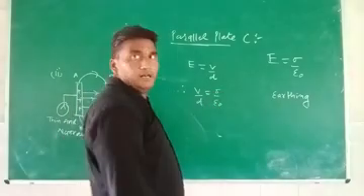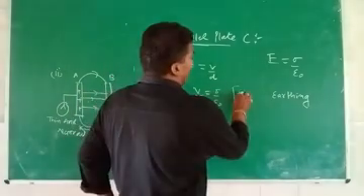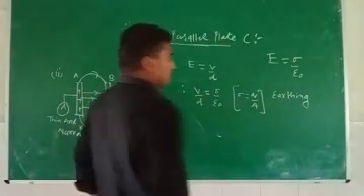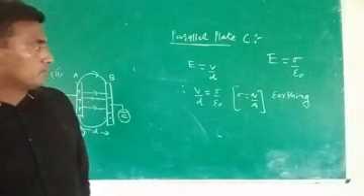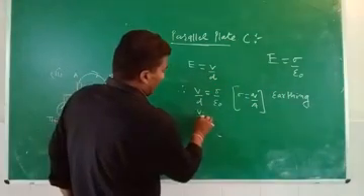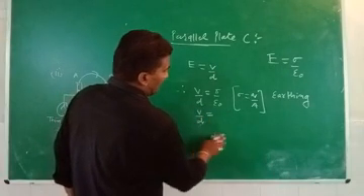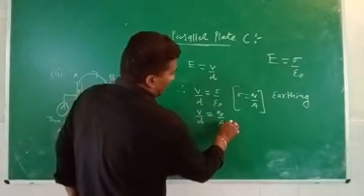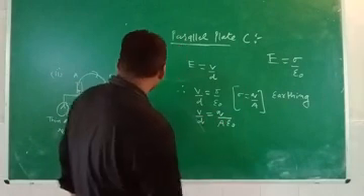We know that sigma is Q by A, the surface charge density, and we put the value of sigma as Q by A in the relation, which will be in the form of Q by A epsilon naught.